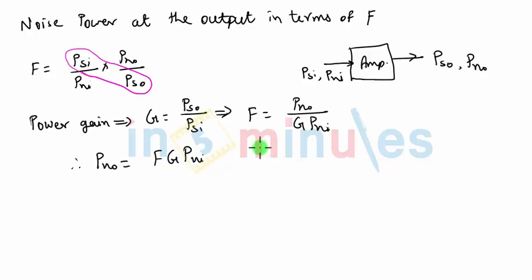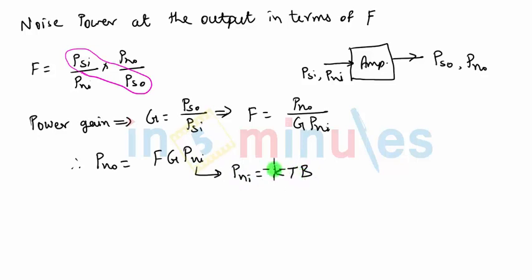Now further, if I already know that the input noise power is due to the presence of a noise source in the form of a resistor or conductor at the input of the amplifier, then we have already defined the power due to such a noise source, which could be a thermal noise source. In that case, the power is simply given as PNI equal to KTB.